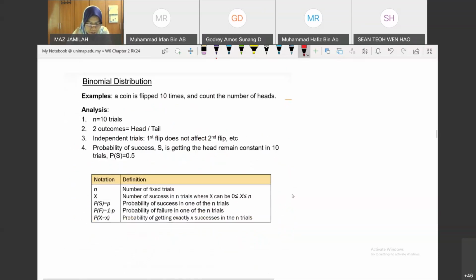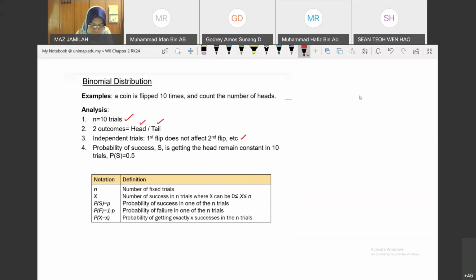Okay. Now, let us look at the example. A coin is flipped 10 times and we count the number of hits. In this case, you have 10 identical trials. And we know the outcomes will be either hit or tail, 2 outcomes. When you toss the coin from the first toss until the 10th toss, they are independent trials, meaning every toss will not affect the other tosses.